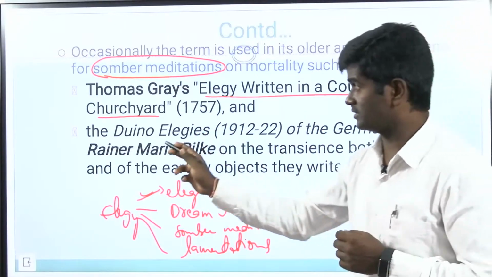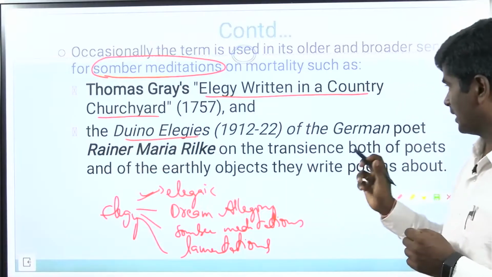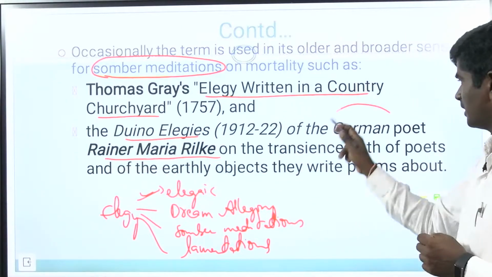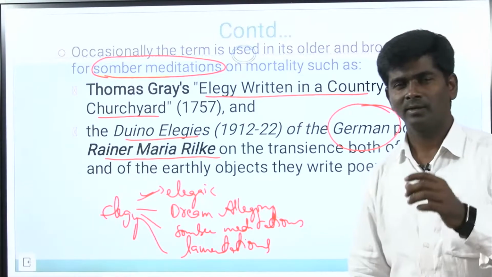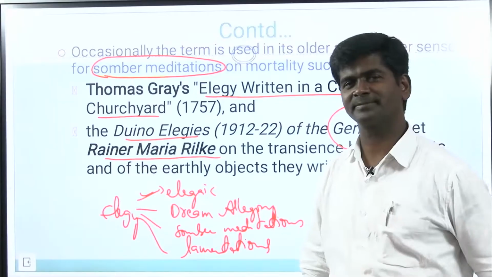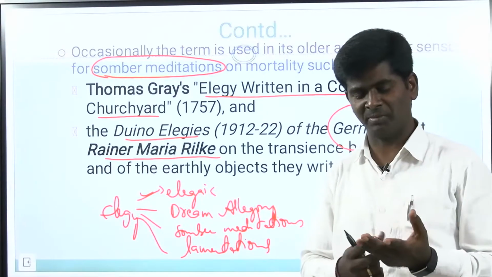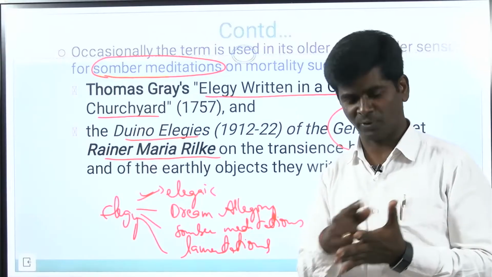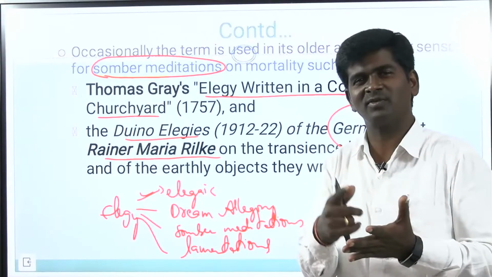Another example is the Duino Elegies, written by Rainer Maria Rilke, a German poet. Sometimes you will get a bit asking which of the following is a German poet. You should be able to tell at least 10 to 15 names. These are Italian poets, these are German poets, these are French poets.